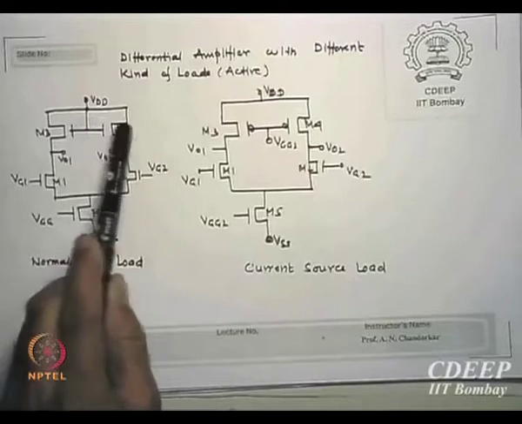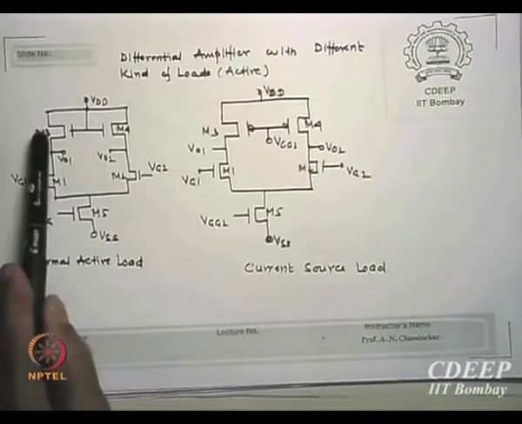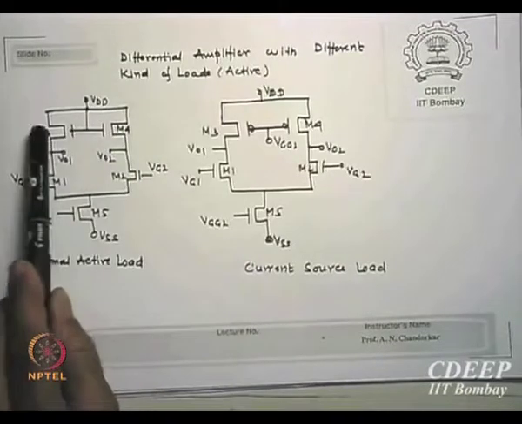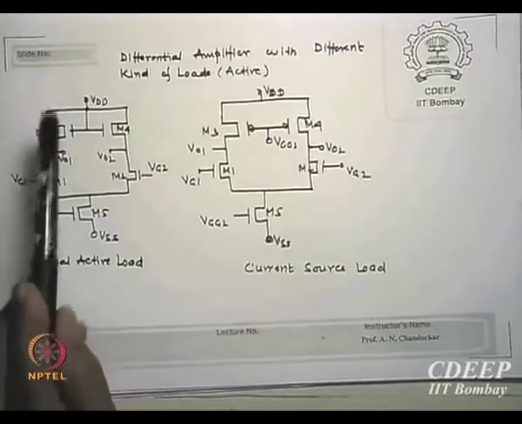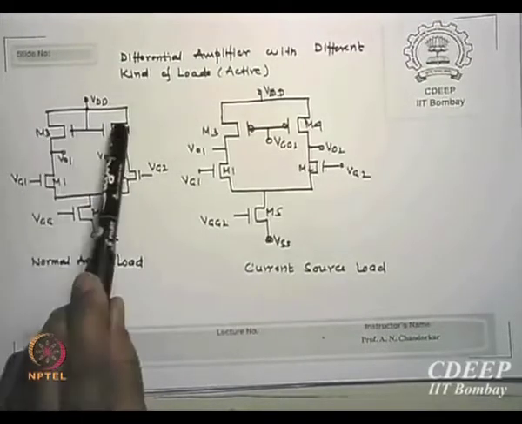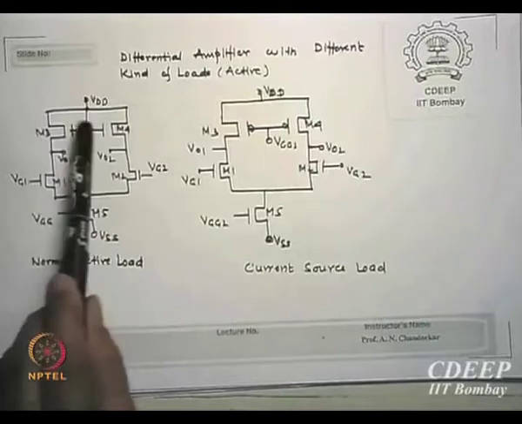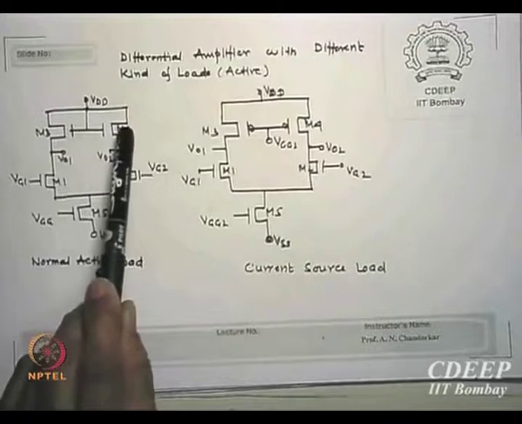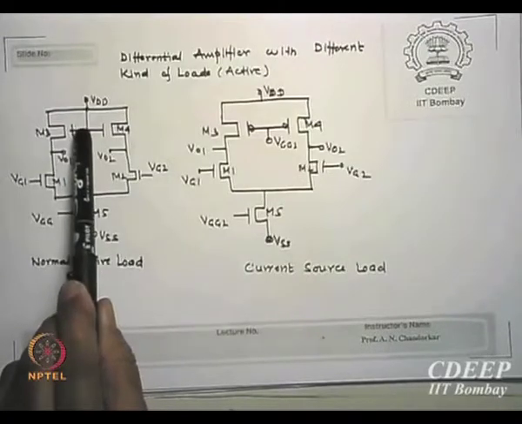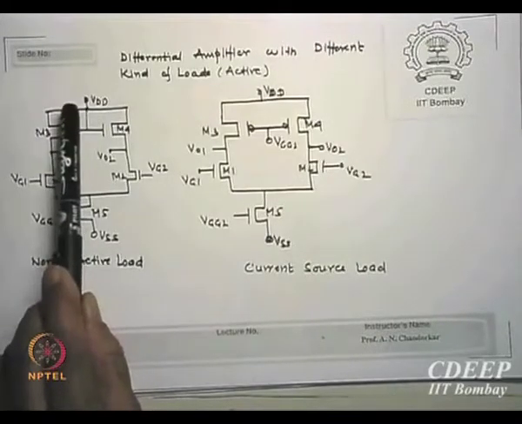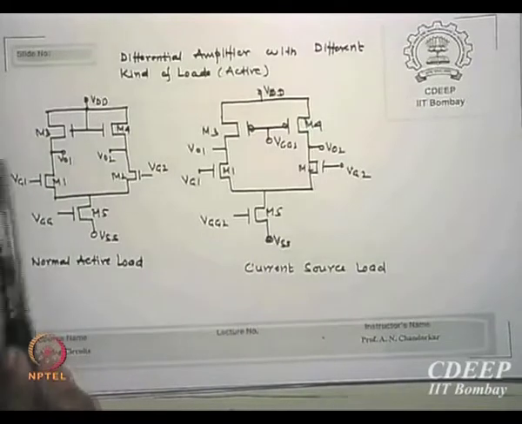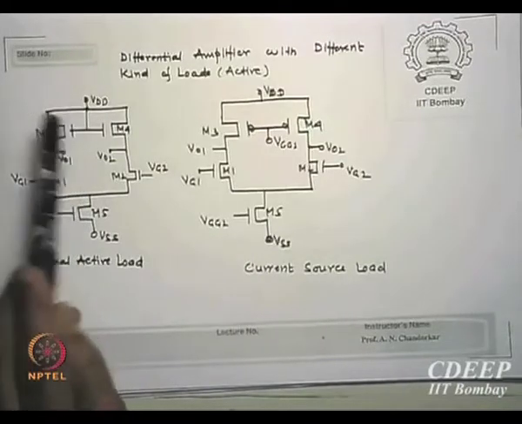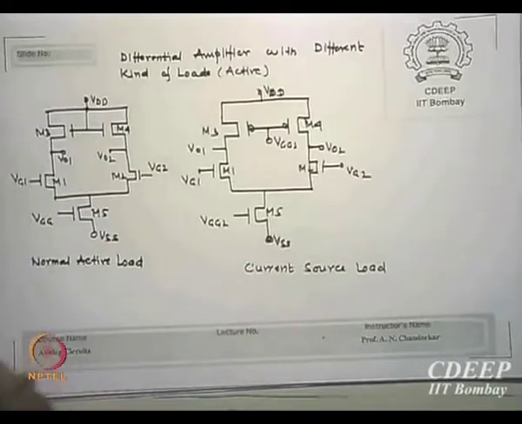There are 2 transistors for M1, M2, shown here, M3 and M4. These are all N channels as of now, but they can be P channels. Some connections will be modified then. Both are N channel devices. The gates are common and gates are connected to the drain, VDD. When I say the gate of an N channel transistor is connected to the drain, what is the status of that transistor?